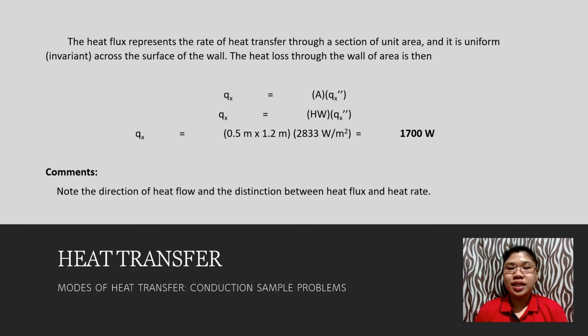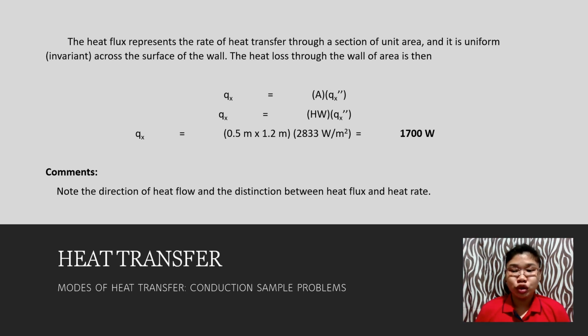But the question is the heat loss. So the heat loss through the wall, we have the heat flux, and we also have the dimensions for the area. So we just need to multiply the heat flux by the area. So we have 1,700 watts.